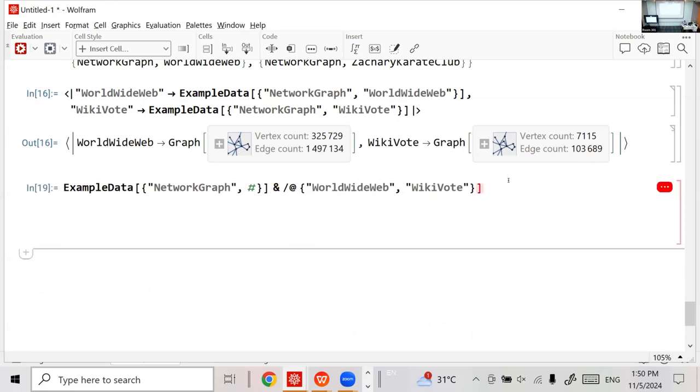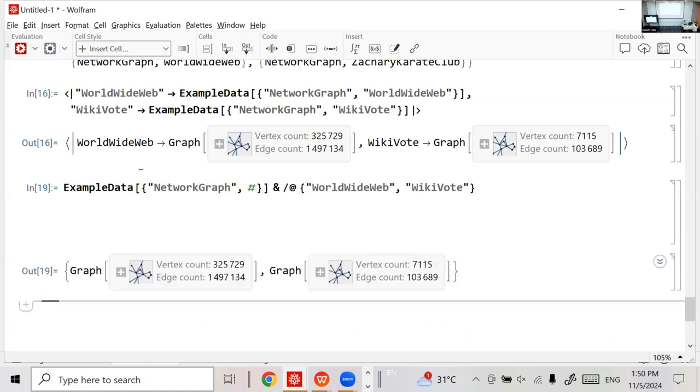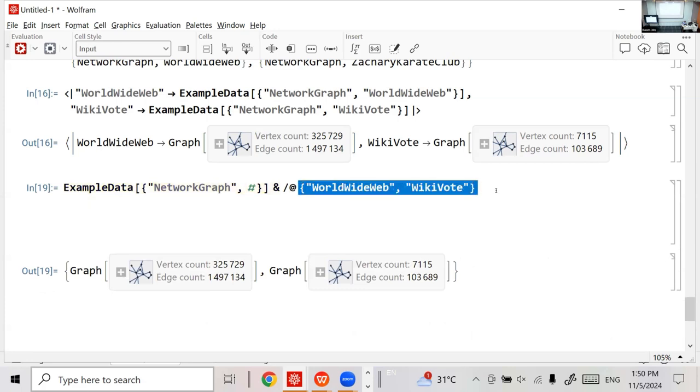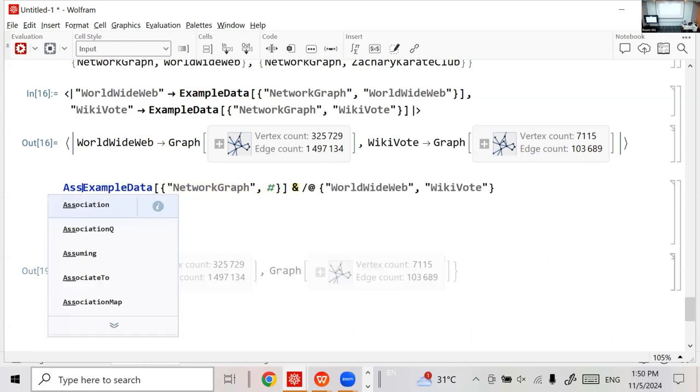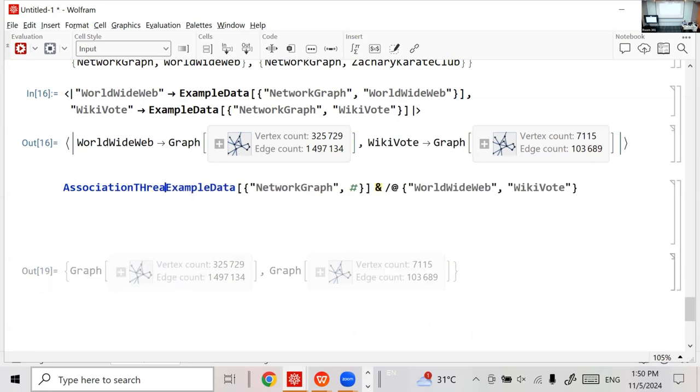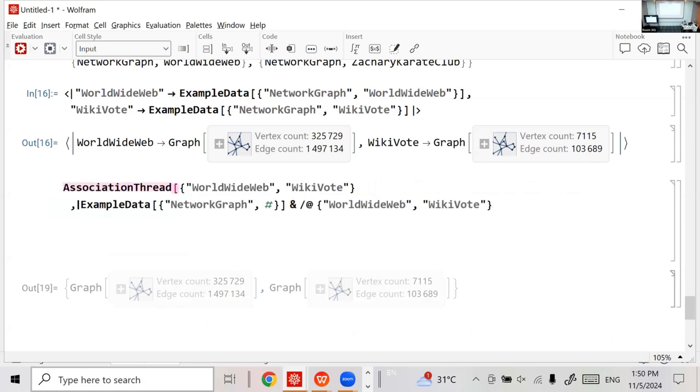So I did this first, and then I use this name and then association thread. Same thing.